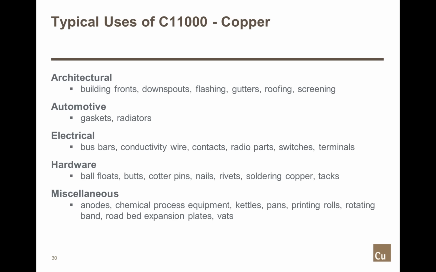Electrical, bus bars, conductive wire, radio parts, switches, terminals, conducting electricity. Hardware, you have all kinds of different nails, rivets, cotter pins, tacks. And miscellaneous, you have anodes to plate with, chemical process equipment, kettles, pans, printing rolls, and we'll look at those in picture form here.